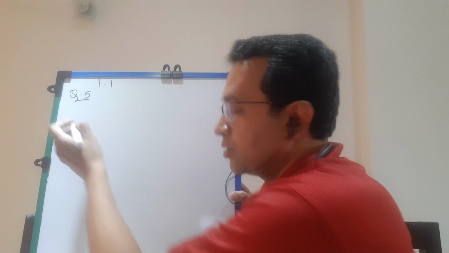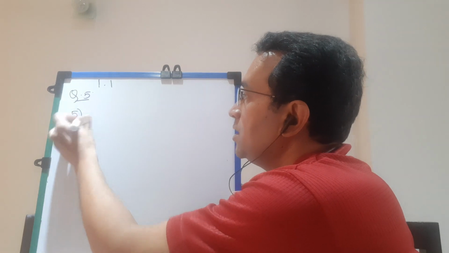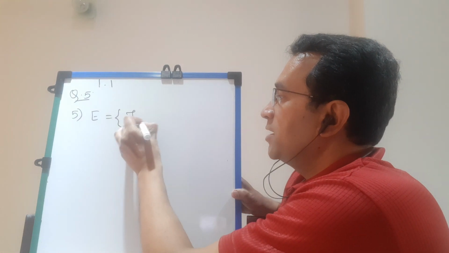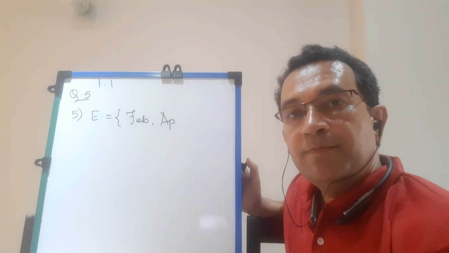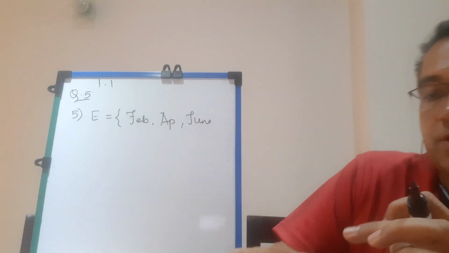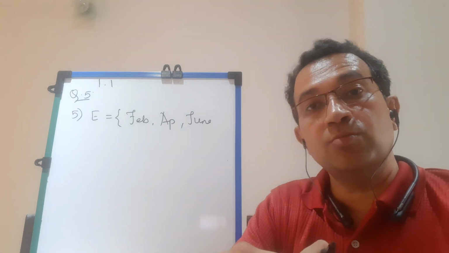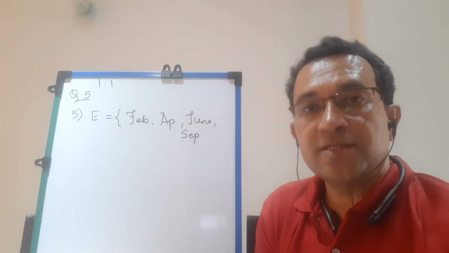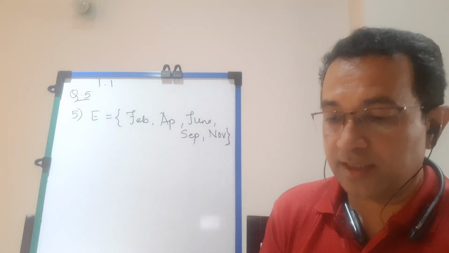So February definitely, March has 31 days, then April, then May has 31 days, June, July and August both have 31 days, then September, then October has 31 days, then last is November. So this is very easy, students, you can easily list out.